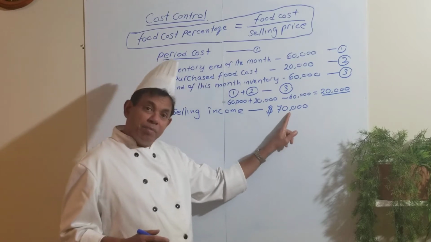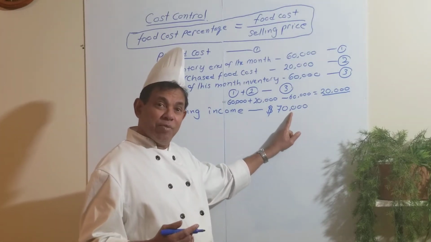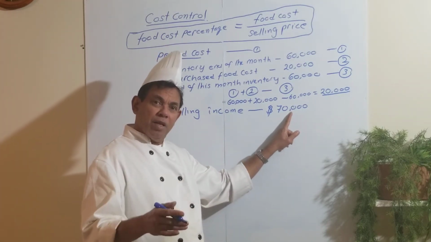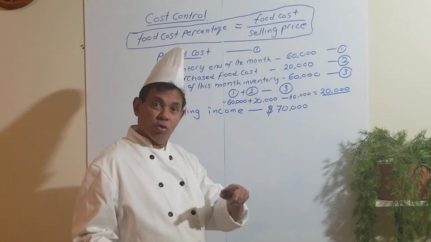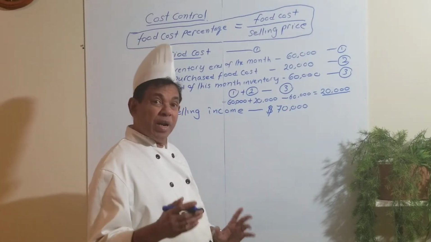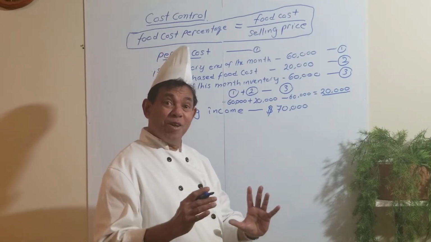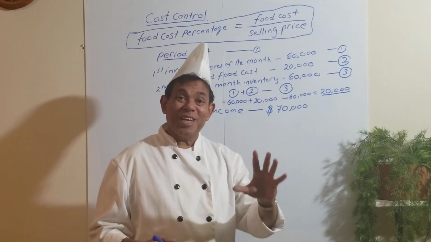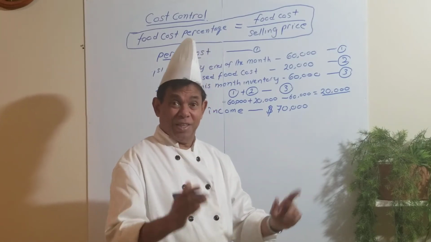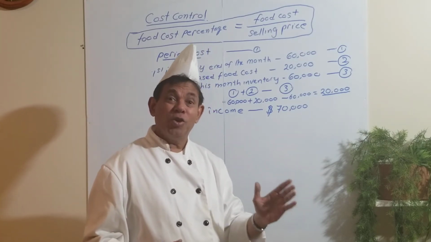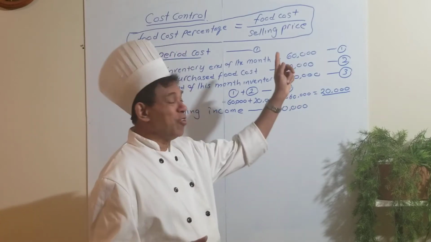The accountant tells me, okay, this particular month your sales income is 70,000. He knows that one. Then what I do, I calculate my food cost percentage, how much in the kitchen, a particular period. That is called period food cost percentage. I told you at the beginning.